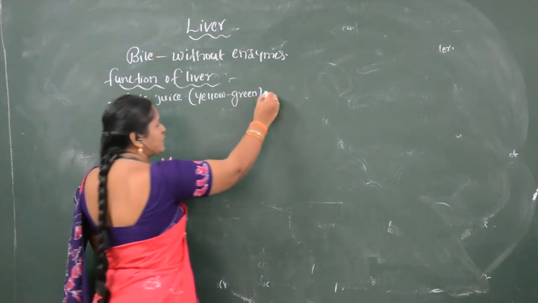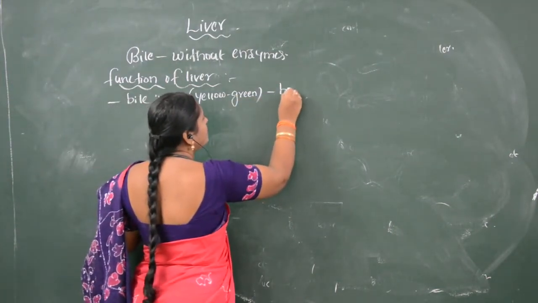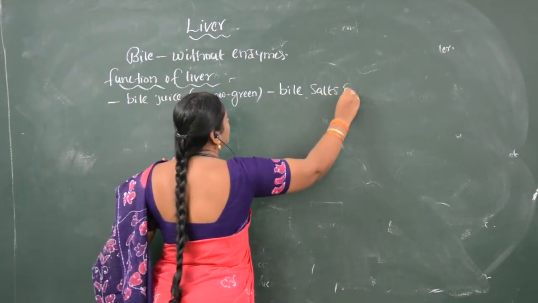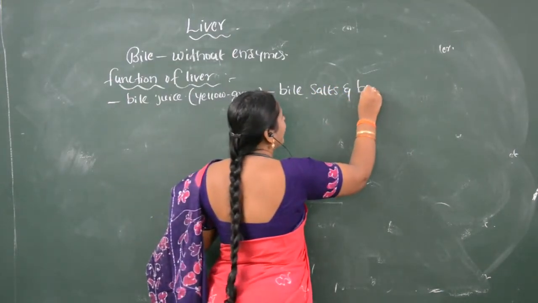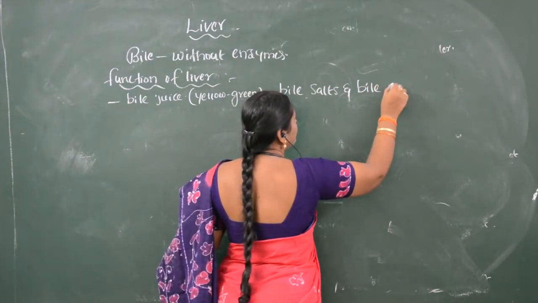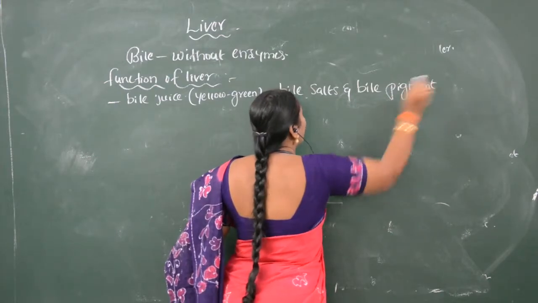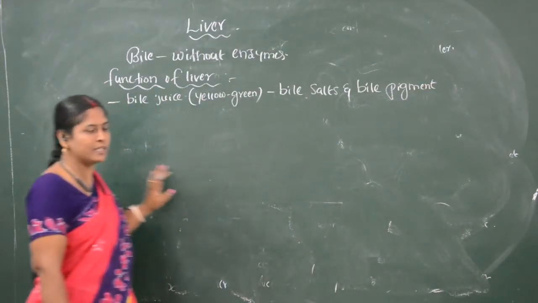Bile juice consists of bile salts and bile pigments. What are bile salts and bile pigments?